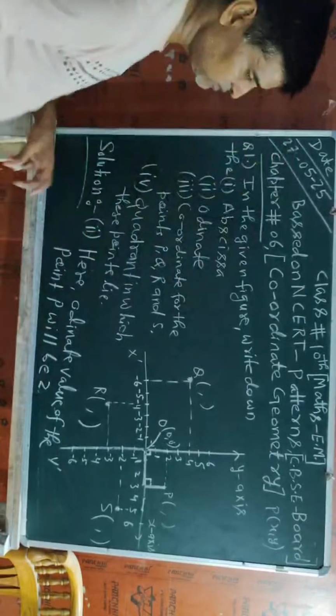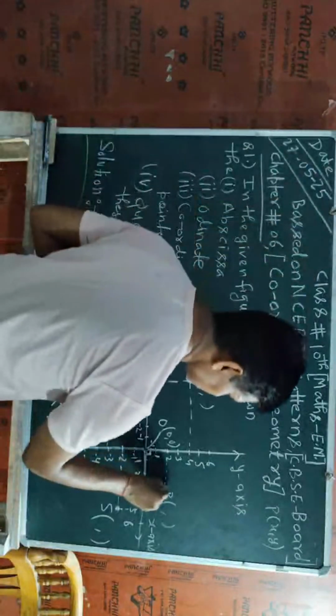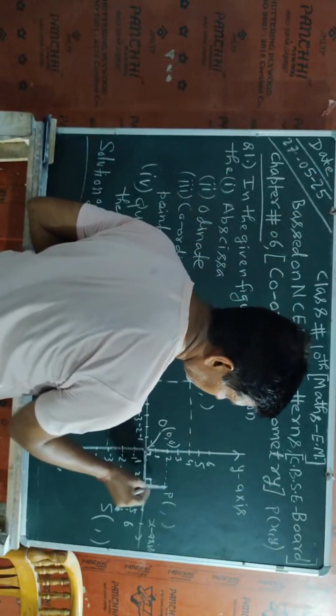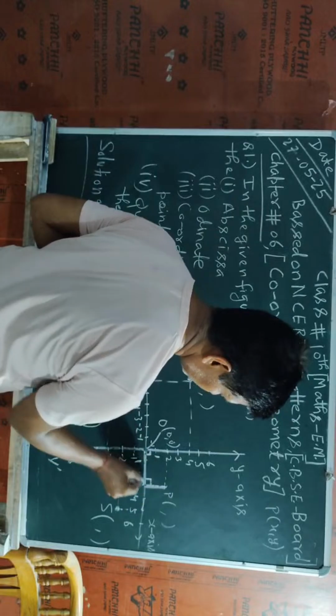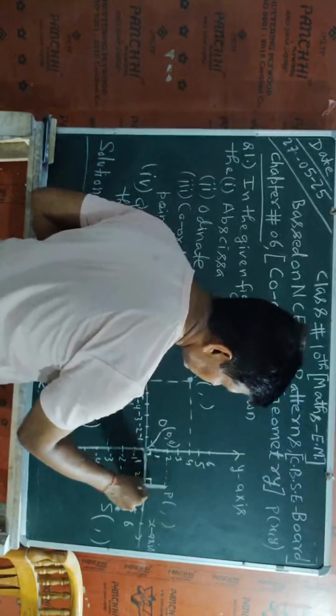Now here this length is the ordinate value. Here I will say this is the ordinate and this is the abscissa. This length is called abscissa and this length is called ordinate.